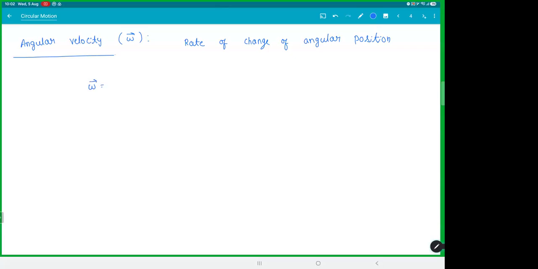So angular velocity omega bar is given by d theta by dt. If you want average angular velocity, then you take delta theta by delta t. You can also get delta theta by integrating omega dt. This kind of looks like displacement is integral v dt. This is nothing but the area under the omega-t graph. They look exactly the same as kinematics. You just added angular everywhere.